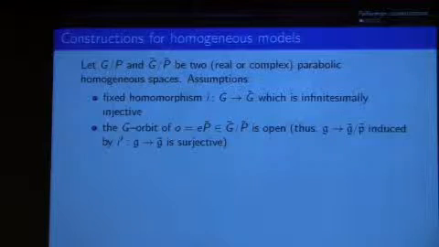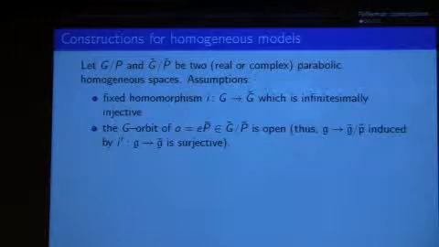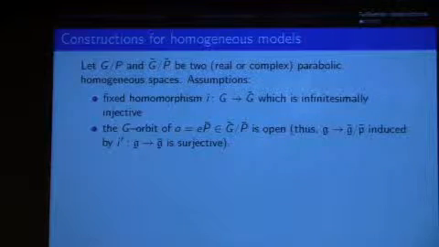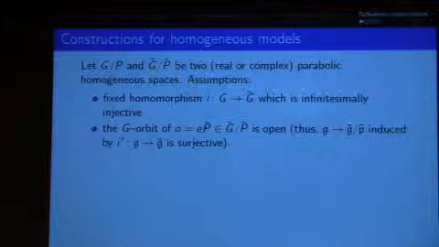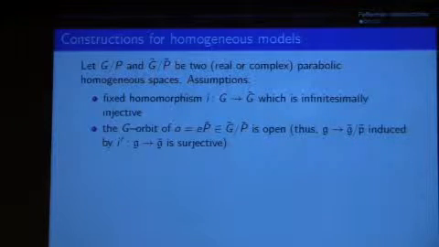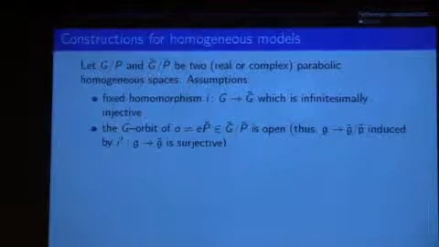So you just need that if you compose the infinitesimal embedding of the algebra into the bigger algebra, and you quotient out the new P tilde, so the structure group, then you want to get a surjective mapping.